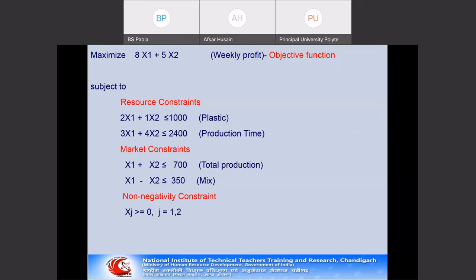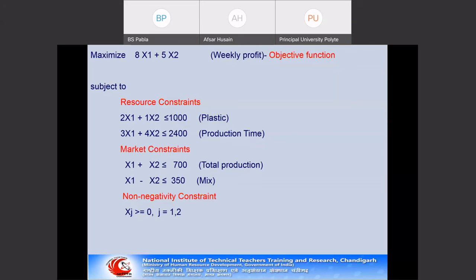Now let's see what the marketing constraints are. It says x1 plus x2 should be equal to or less than 700. The total production number of units should be equal to or less than 700. And the difference between the number of dozens of product A and product B should be equal to or less than 350.